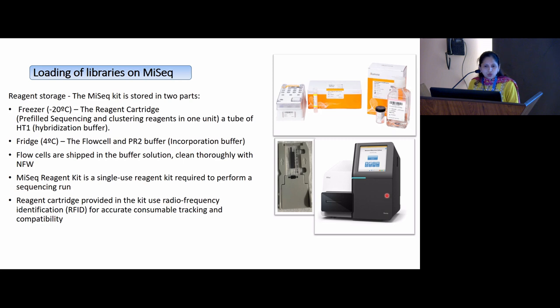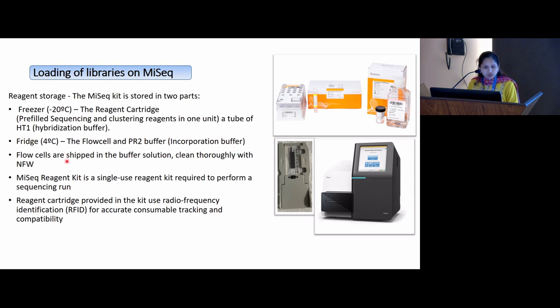So now let's move on to how we load the libraries on the MiSeq. The MiSeq kit comes in 2 parts. One is a reagent cartridge and one is a flow cell. The reagent cartridge is nothing but the pre-filled sequencing and clustering reagent in one unit, and it also has one tube of HT1 buffer, which is a hybridization buffer, and the flow cell and PR2, that is incorporation buffer, are stored in a 4 degree refrigerator.